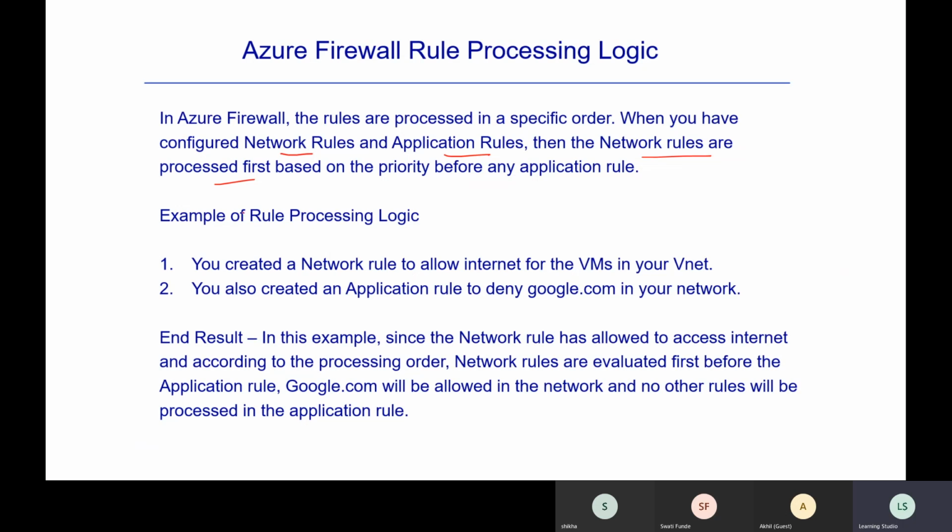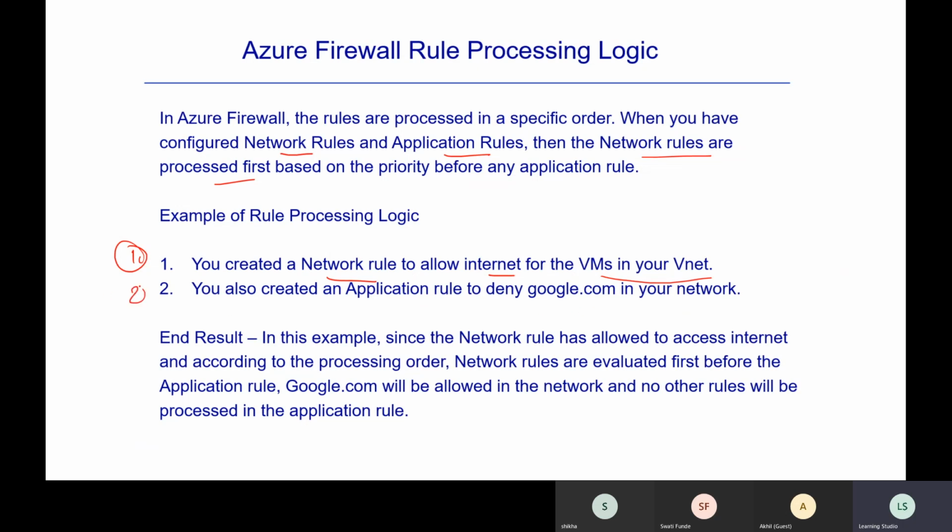So I have given an example of rule processing logic. You have created a network rule to allow internet for the VMs in your virtual network. So you have basically allowed internet in your entire network using a network rule. This is your rule number 1. At the same time, you have also created an application rule to deny google.com in your network.